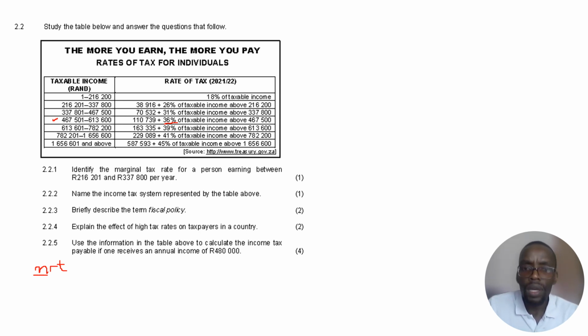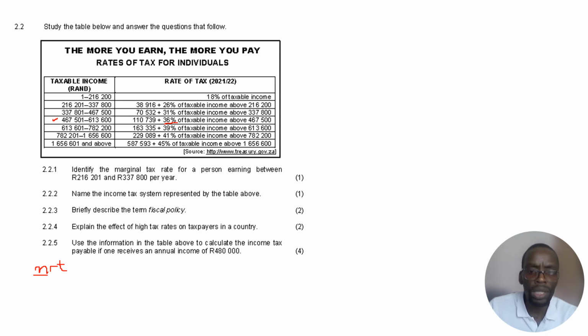Now, from the questions, I want to believe that you managed to handle them. It appeared to be a fairly easy question. But now let's go through the questions together. The question reads, study the table below and answer the questions that follow, and we had already studied it.